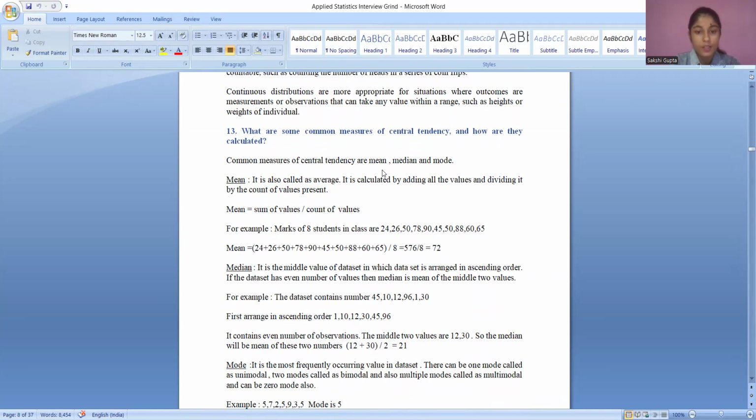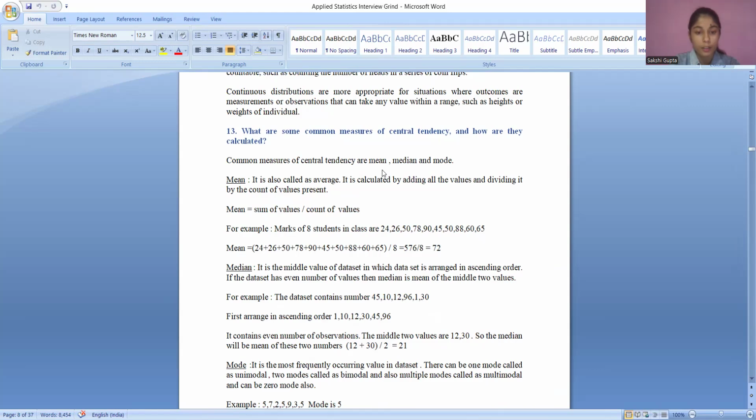Some measures of central tendency are mean, median and mode. The mean is the most common measure. It is calculated by adding up all the values and then dividing by the number of values. Mean equals the sum of values divided by the count of values.